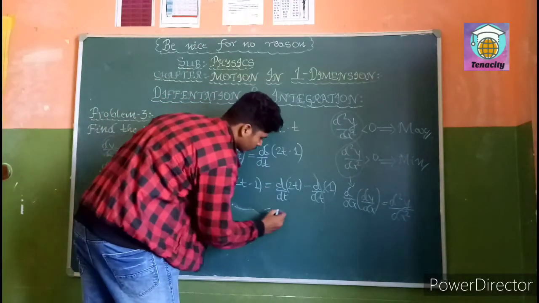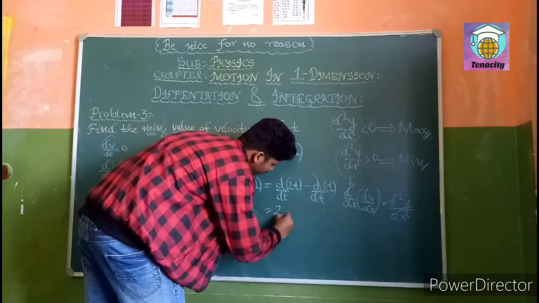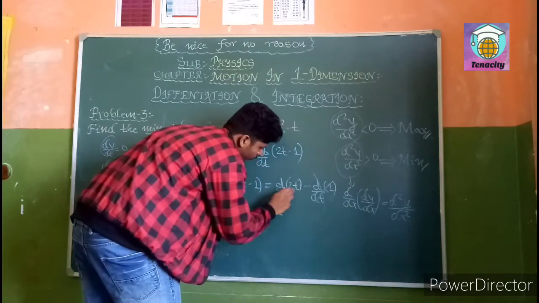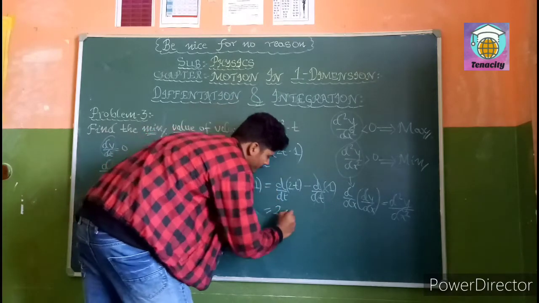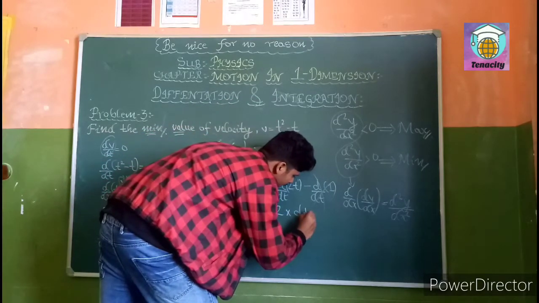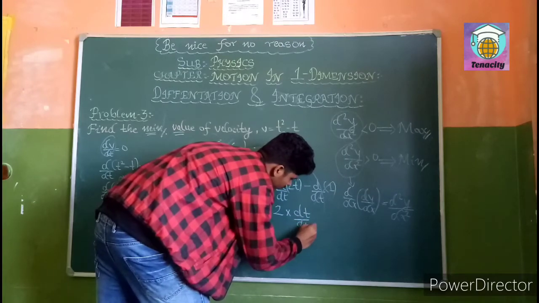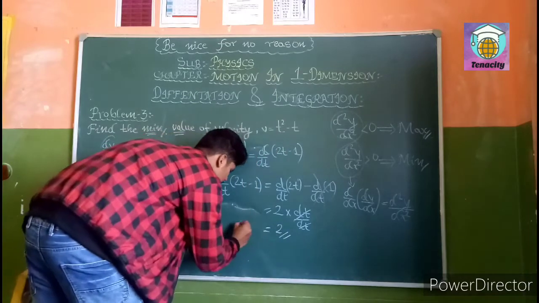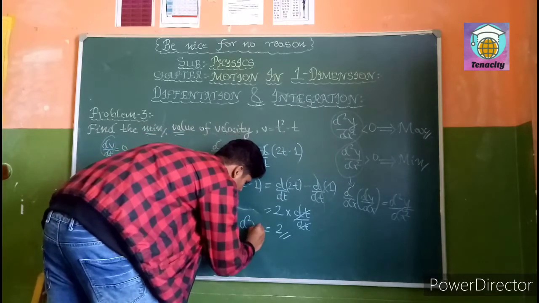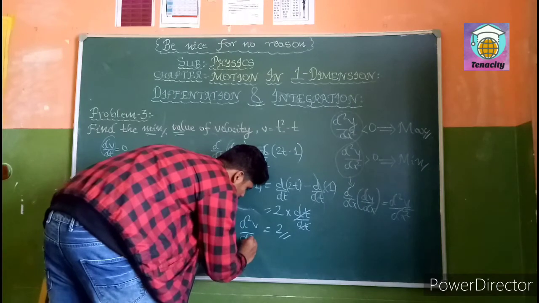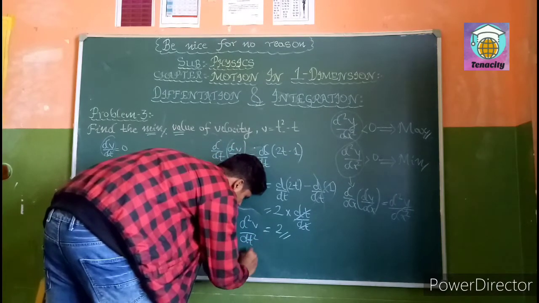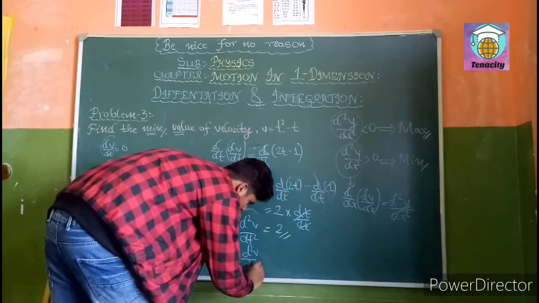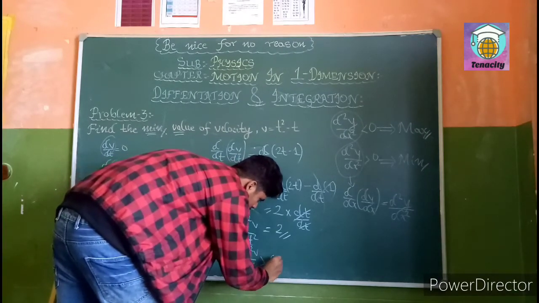Now you take out 2 outside, since it is a constant, and remain with dt by dt. So dt cancels. So it is 2. d square v by dt square is equal to 2, which is greater than 0.